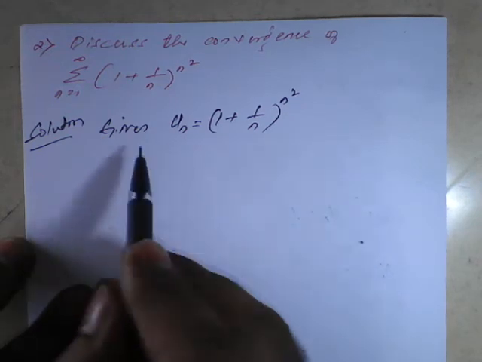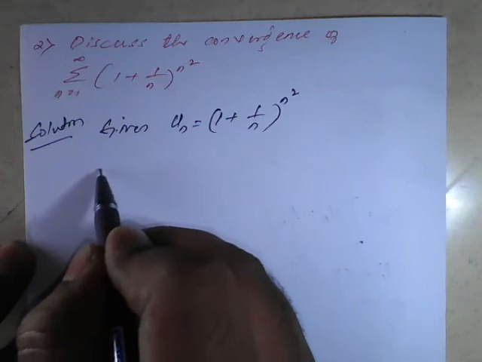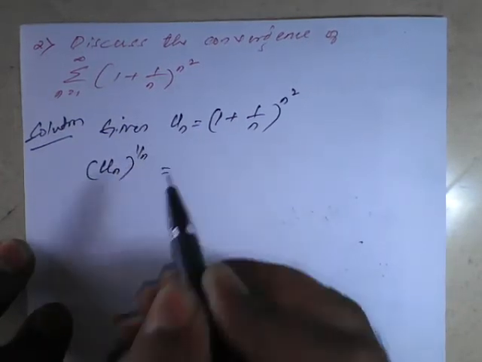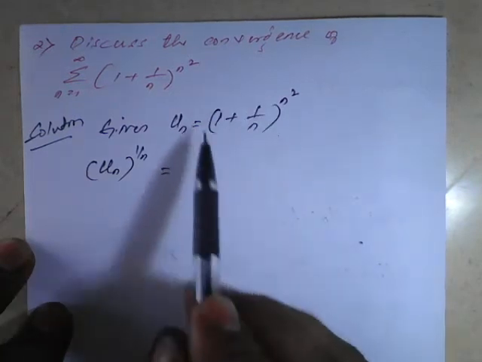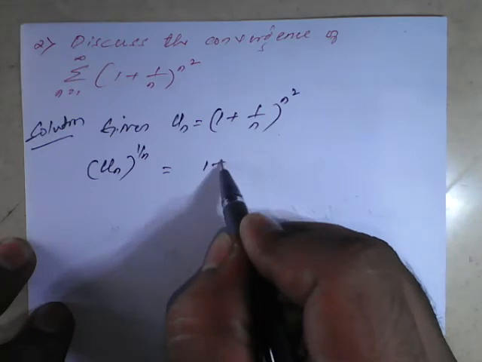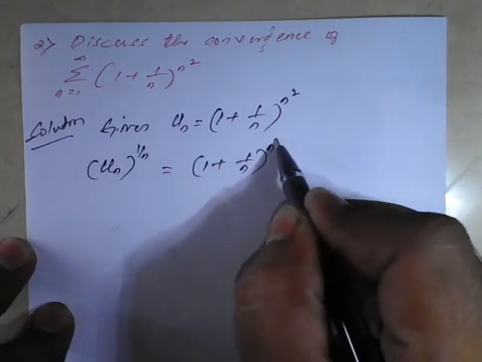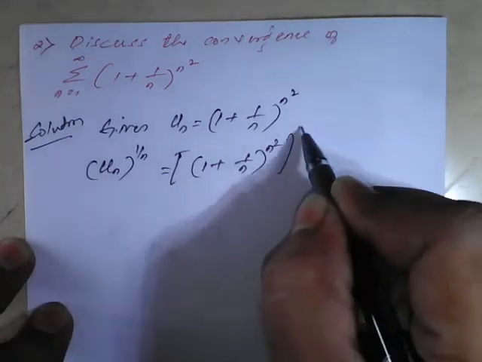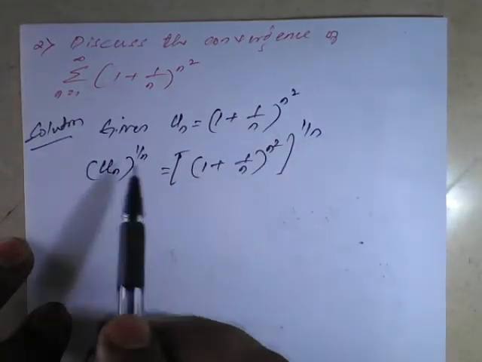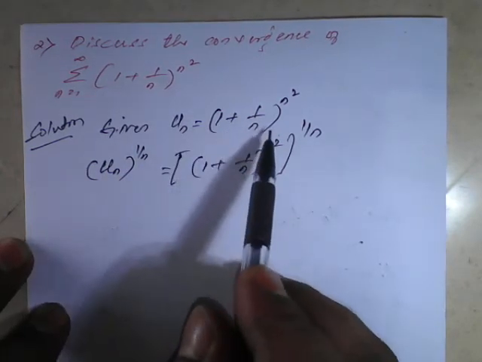Now I will apply Cauchy's root test for this. So we know that in Cauchy's root test, un raised to 1 by n is what we need. For the given series, we apply the power 1 upon n. So we have (1 plus 1 by n) raised to n square, whole raised to 1 upon n, taking power 1 upon n on both sides.